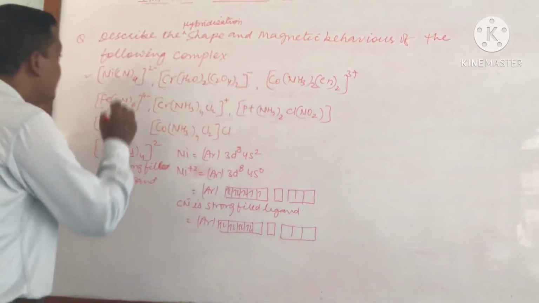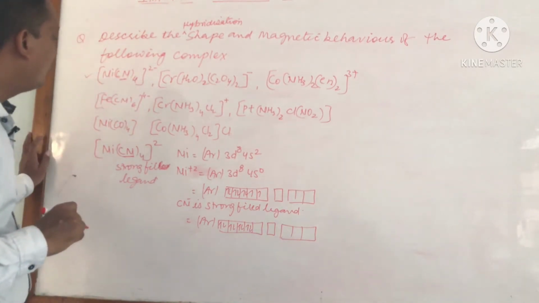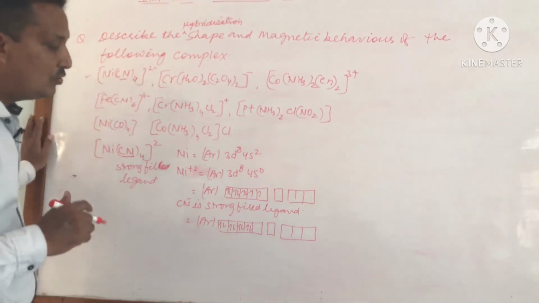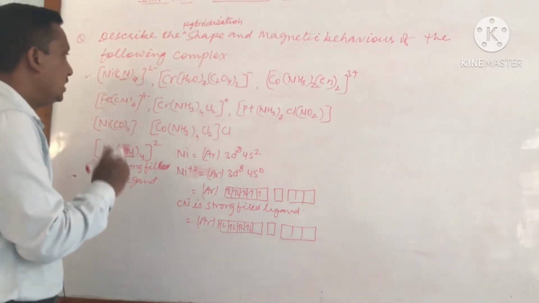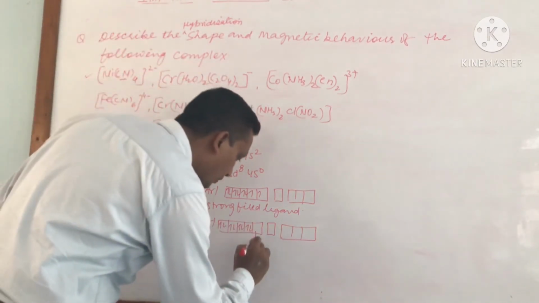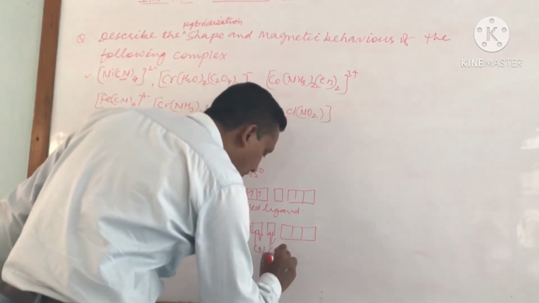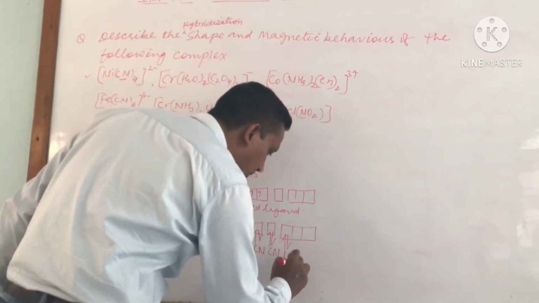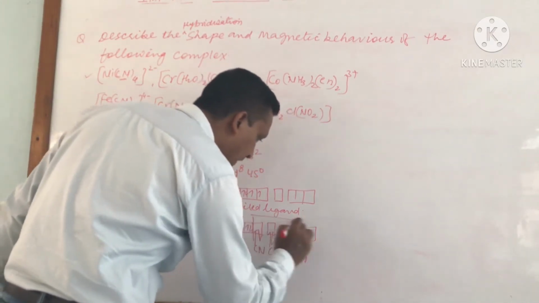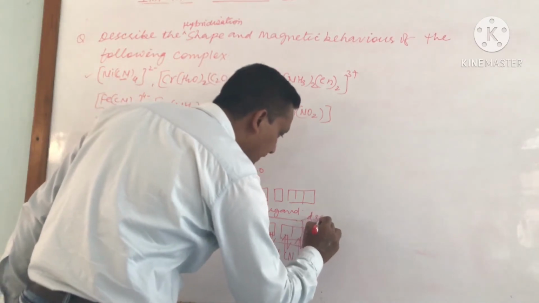We know that the coordination number is 4, and it will form 4 bonds. Therefore we need 4 vacant orbitals in which CN will give the pair of electrons. So this orbital will participate in hybridization, this one, this one and this one, and the hybridization would be dsp2.